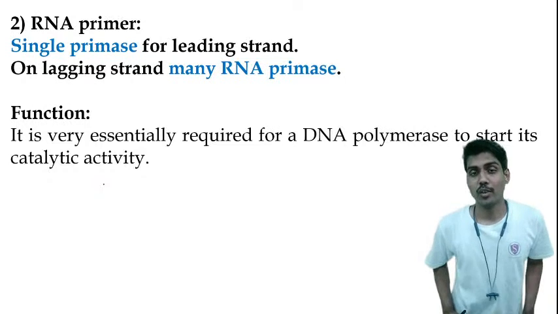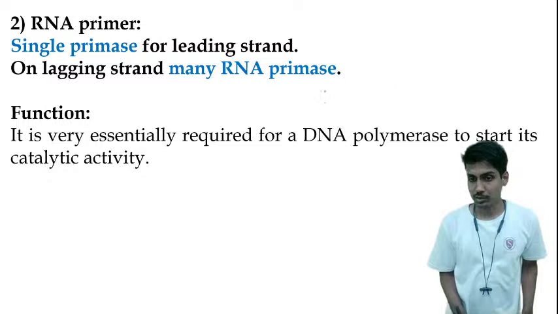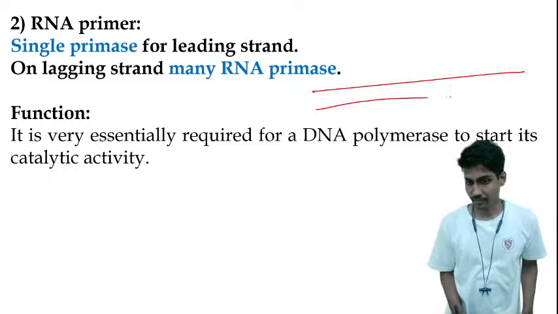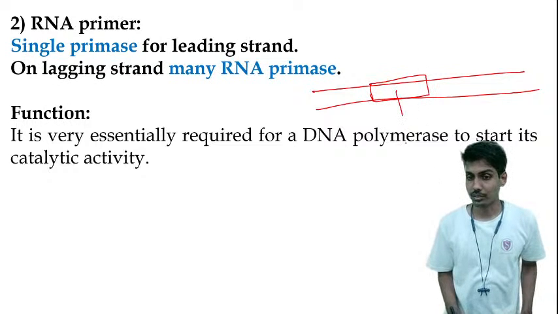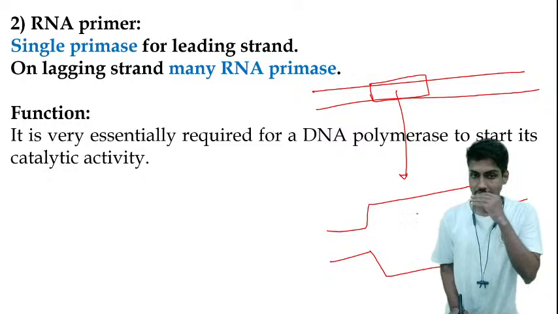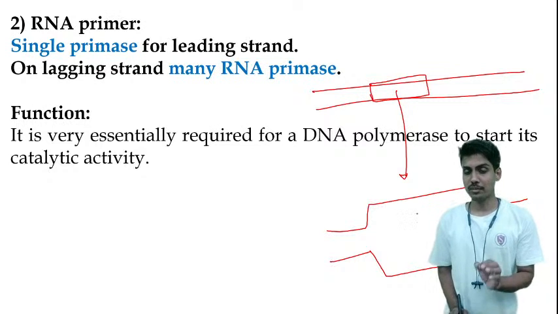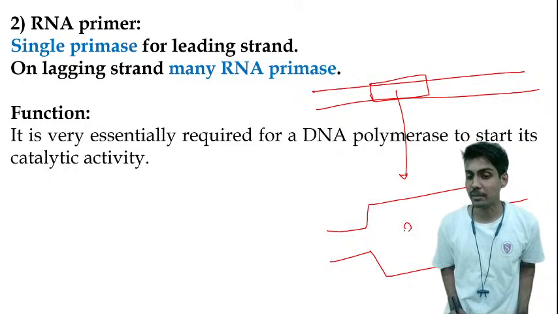Next thing required in DNA replication are the RNA primers. Now what is an RNA primer? Suppose this is the strand of that DNA, and this is where the origin recognition complex is, where replication is going to start. This will form a structure like this. The main enzyme which synthesizes the new strand of DNA is the DNA polymerase.